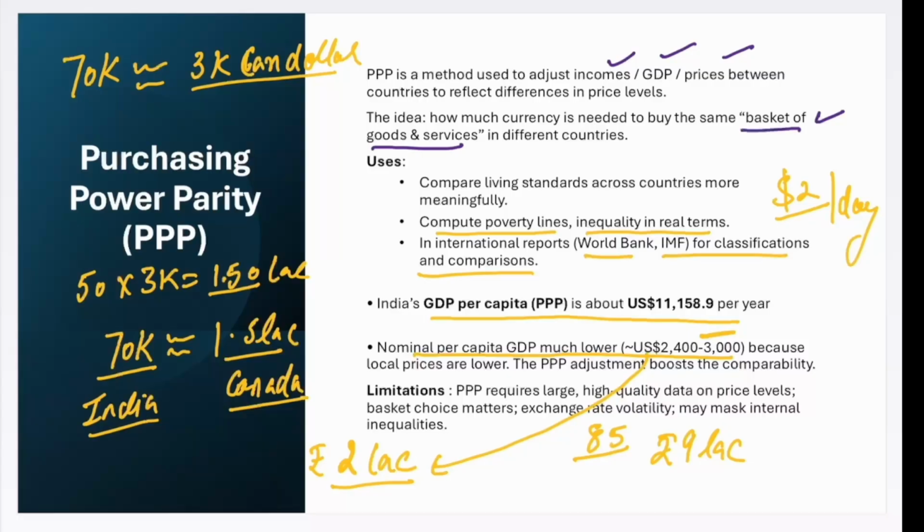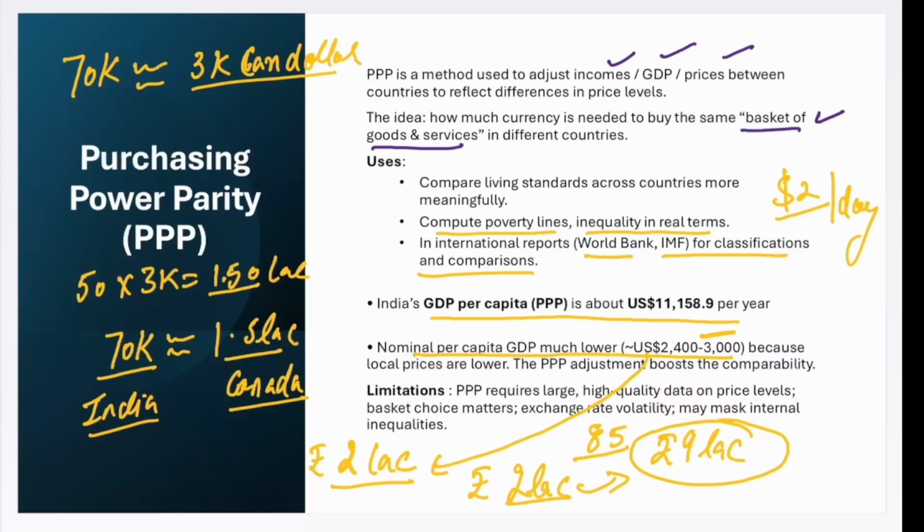So you can say that the per capita income of India in rupee terms, without purchasing power parity, was 2 lakh rupees. But when we brought in the purchasing power parity concept, this 2 lakh rupee amount that a person carries in India is able to buy goods and services equal to the value of 9 lakh rupees across the world.